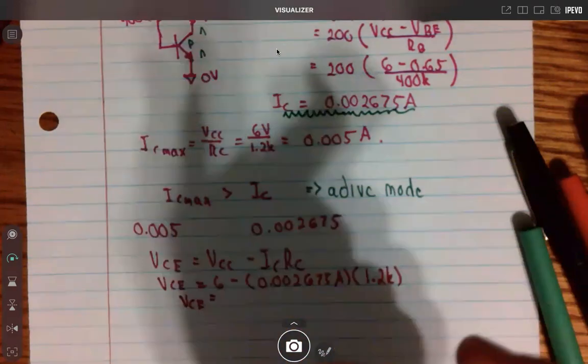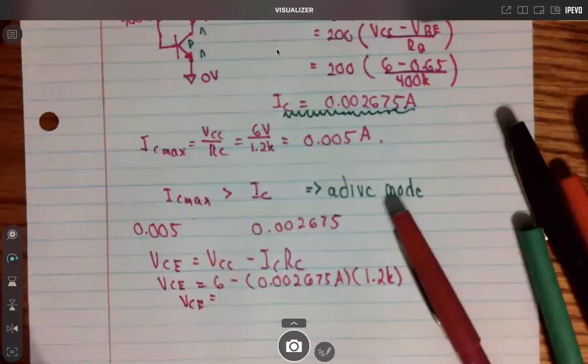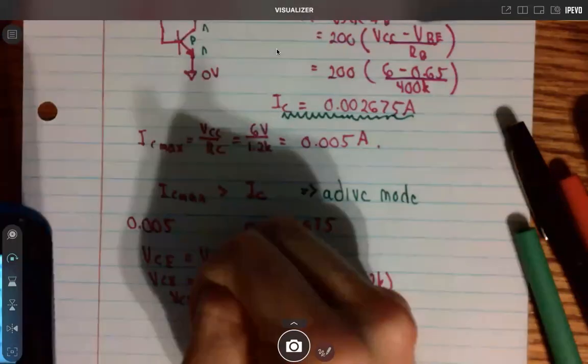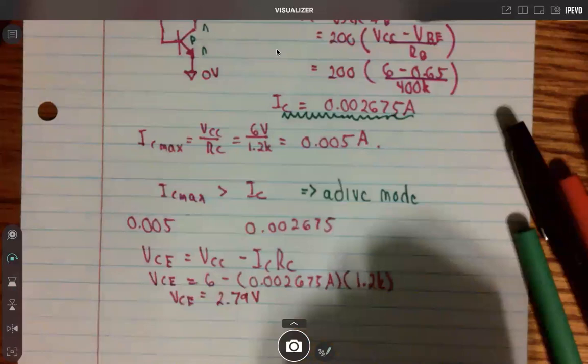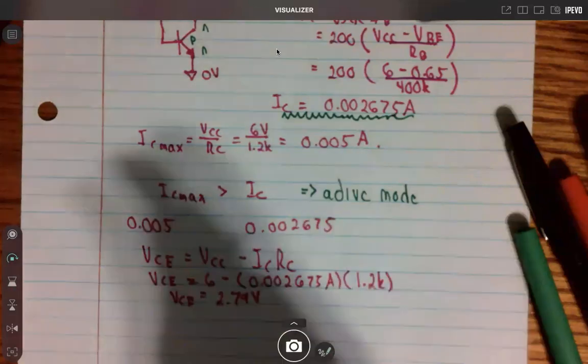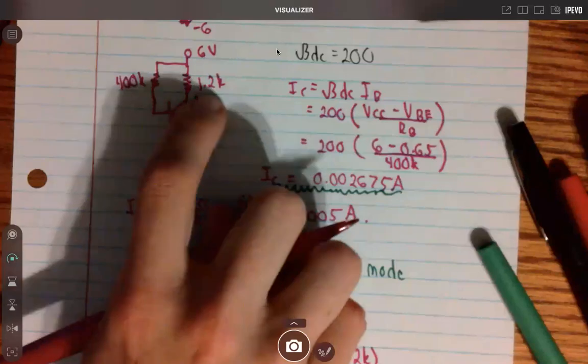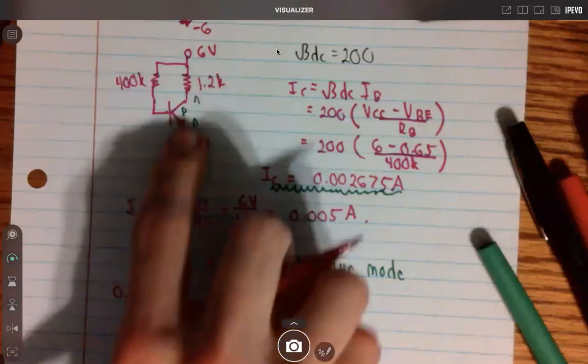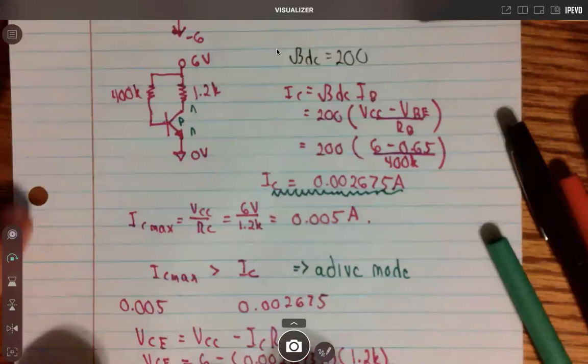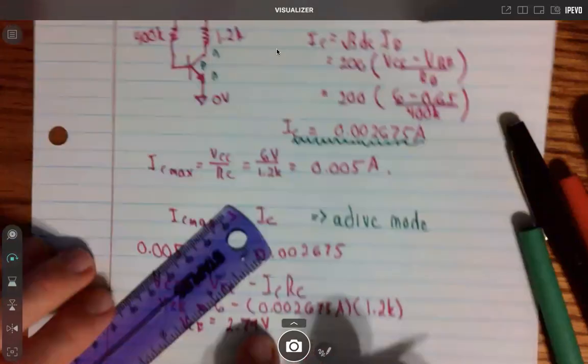Equal to, and let's solve this. I got 2.79 volts. And that makes sense since we have an actual current going through here, multiplied by this, there's going to be a little bit of a voltage drop. So the voltage between the collector and emitter, it makes sense that there's about 2.79.